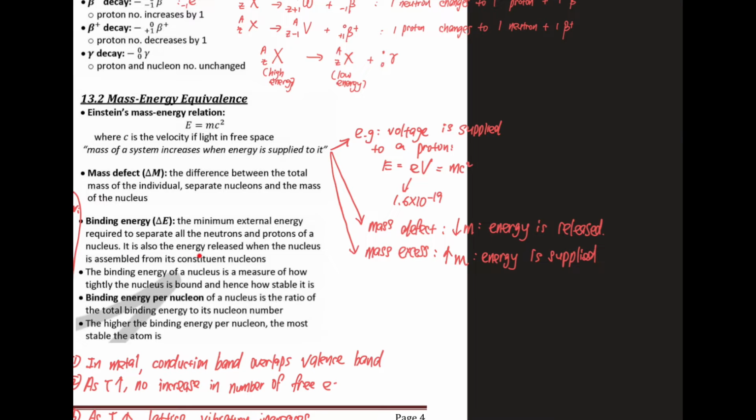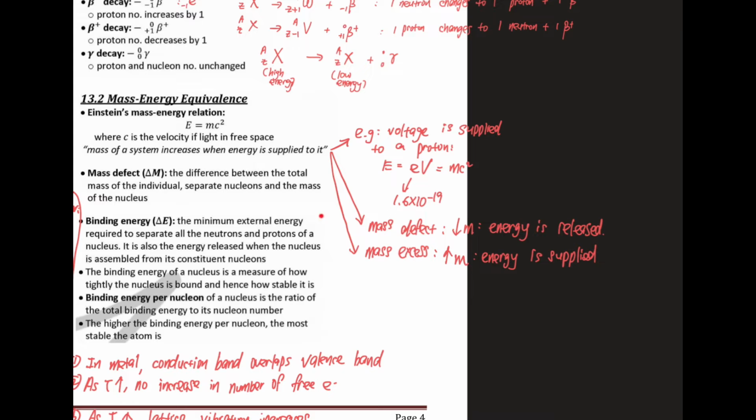It is also the energy released when the nucleus is assembled from its constituent nucleons. Put in the other way around, if you want to put the neutrons and protons together in the nucleus, energy is released. So energy is absorbed when you want to separate them, and energy is released when you want to assemble them. Okay, so that is binding energy.